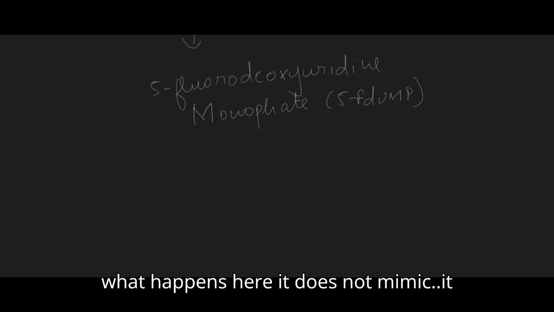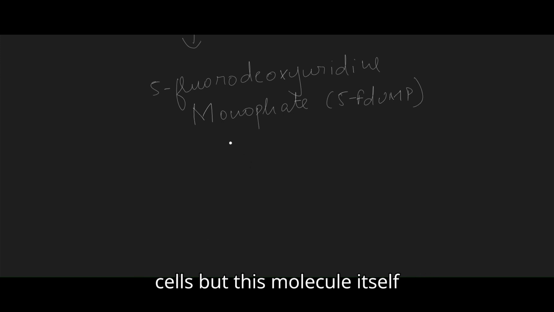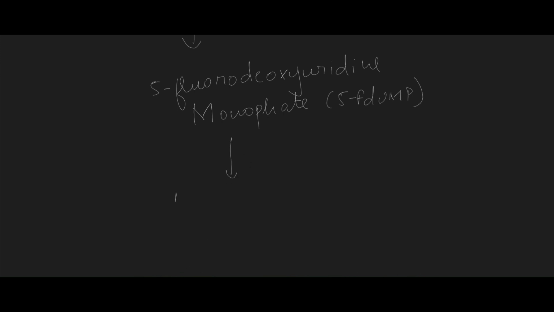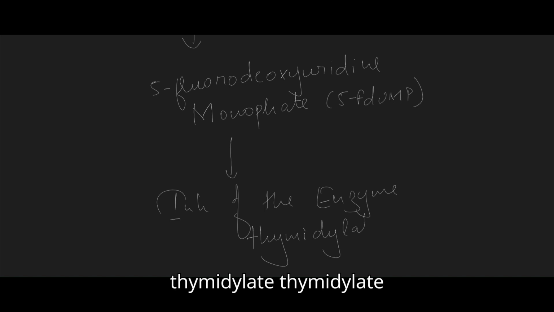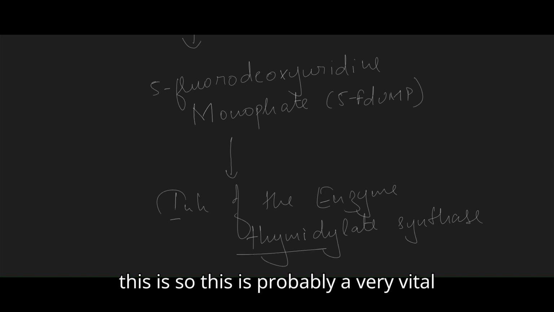Now what happens here? It doesn't mimic or fool the fungal cell as such, but this molecule itself is an inhibitor of the enzyme thymidylate synthase. So this is probably a very vital enzyme.